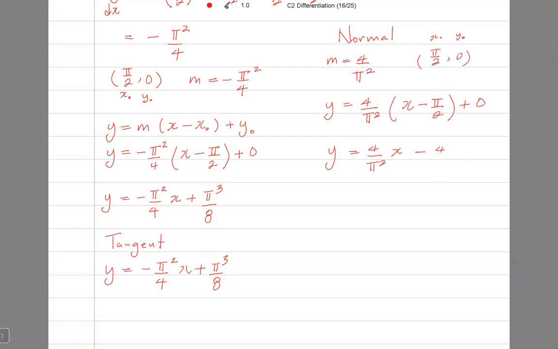Then I'm going to multiply 4 over pi squared by pi over 2. This into this goes 2. Pi cancels pi squared and leaves pi. So y is equal to 4 over pi squared x minus 2 over pi is the equation of the normal. All right, so I'm going to stop here.